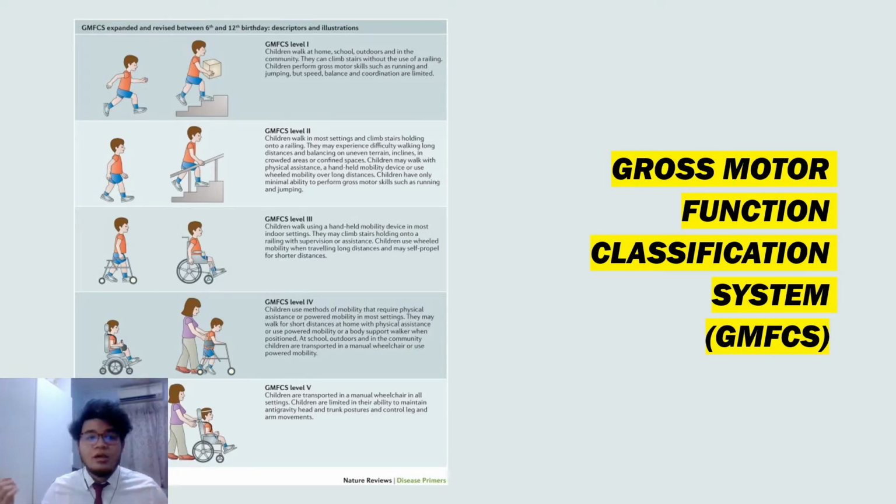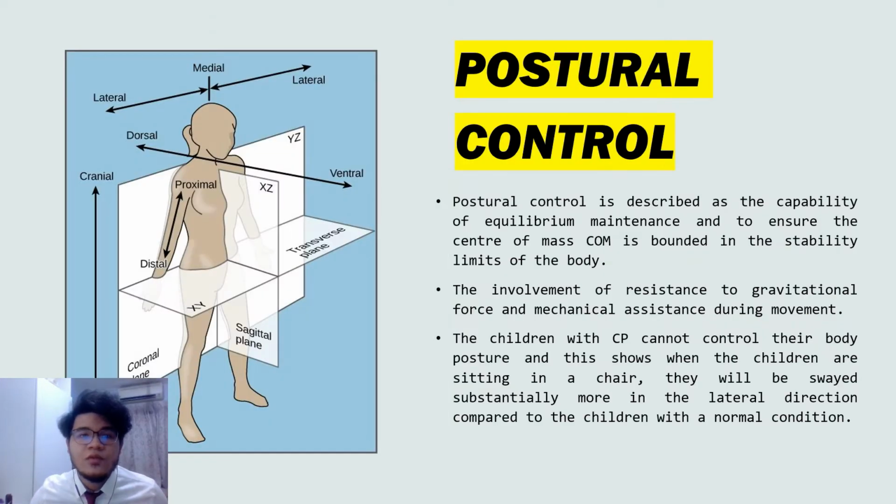They require a wheelchair, and their headrest will hold their head. That is for level 5. Basically, between GMFCS level 4 and 5 there's a thin line. Yeah, they both need assistance to do their day-to-day life. Right, so let's move on.